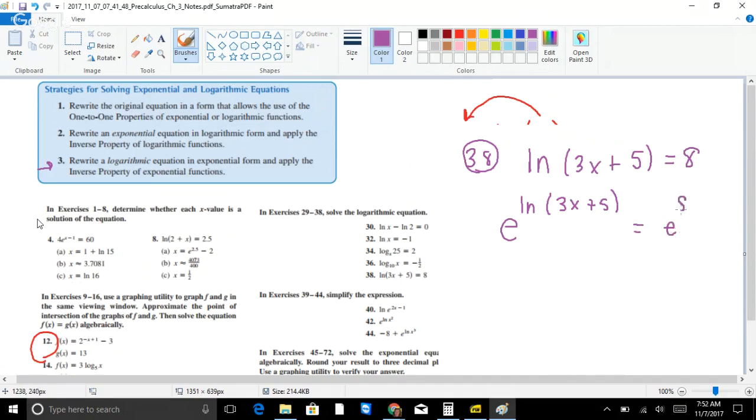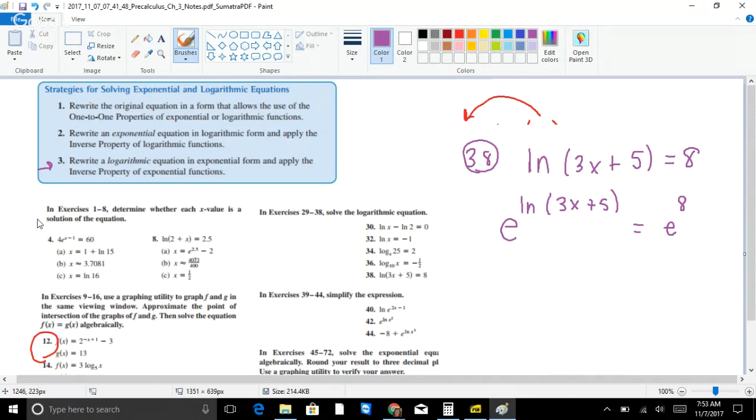Just like all of your previous math, if you do one thing to one side, if we raise our left-hand side to the base e, then I also have to raise my right-hand side to base e as well.